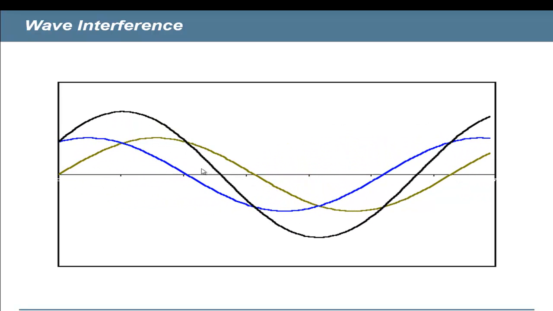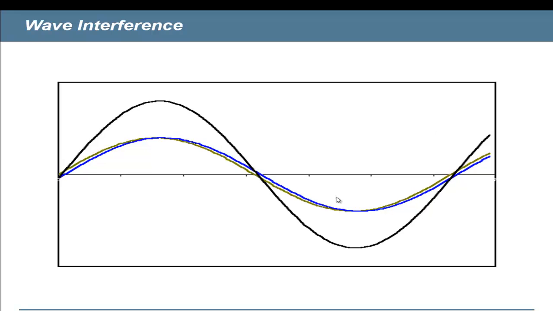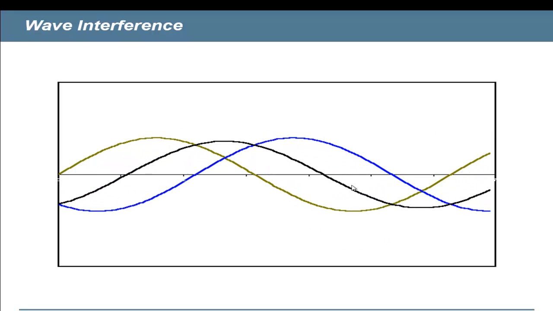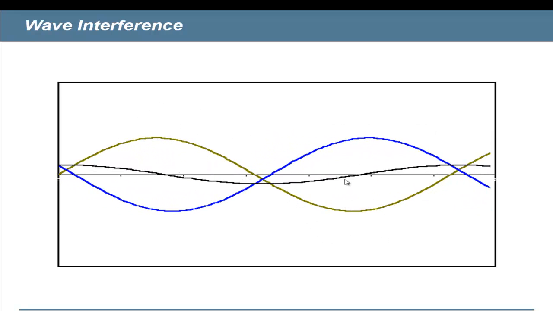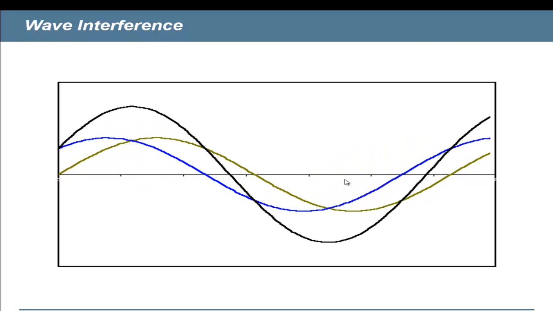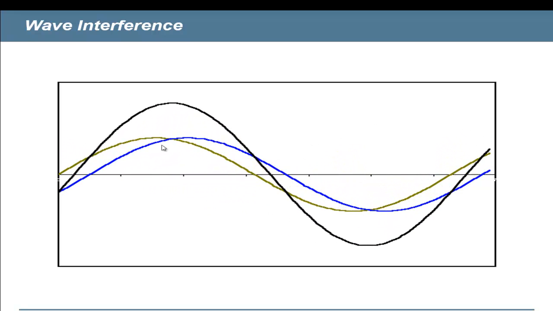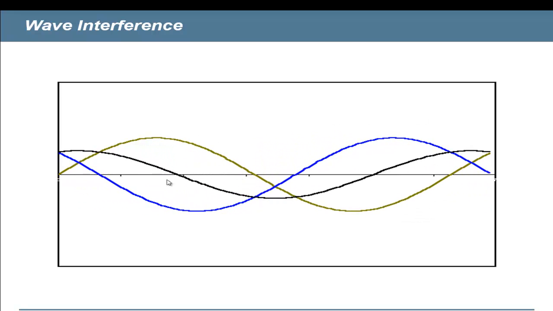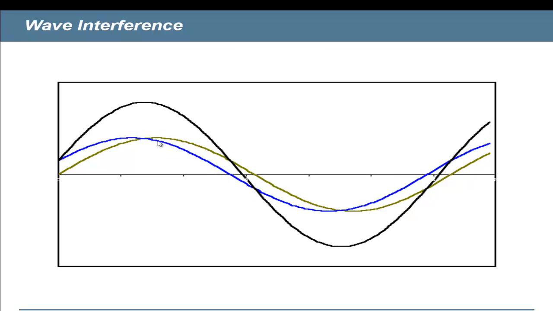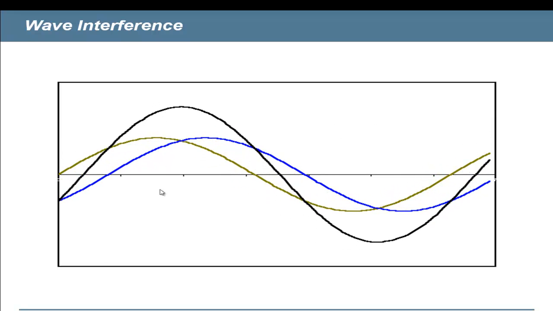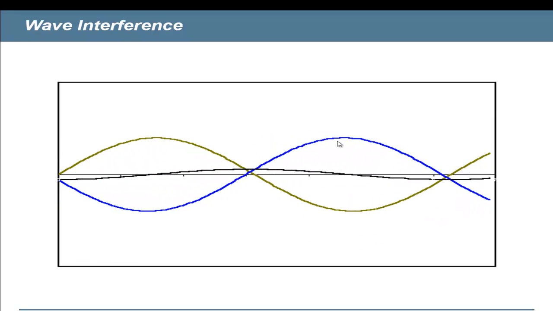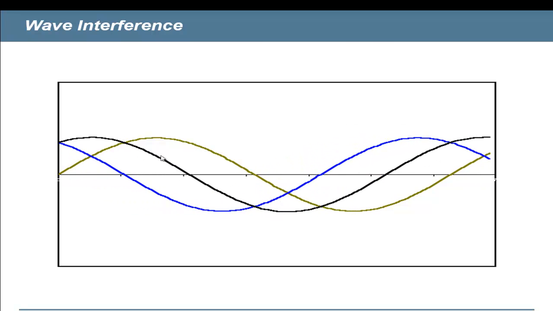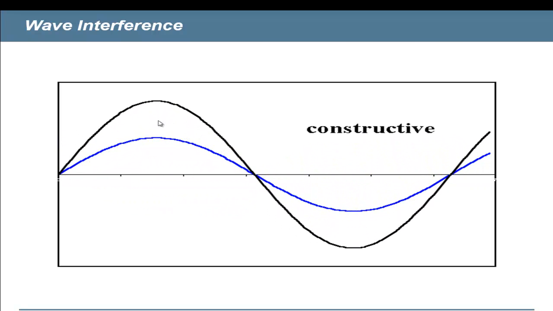We'll call them 180 degrees out of phase, since there's 360 degrees in one complete cycle for a sinusoidal wave. Then if they're completely out of phase, we have destructive interference. If they're in phase, so their amplitudes line up, we have constructive. So here we have destructive, and then here constructive.